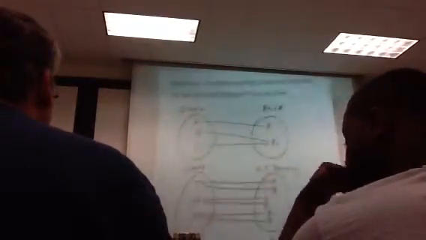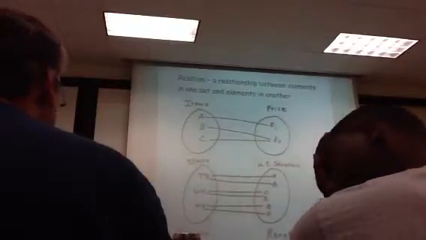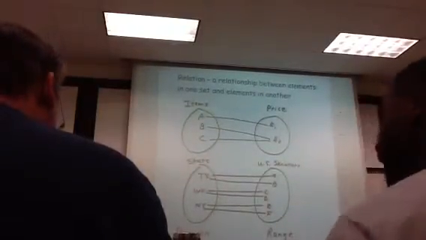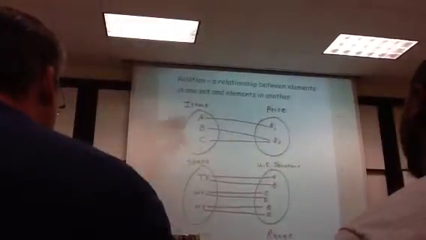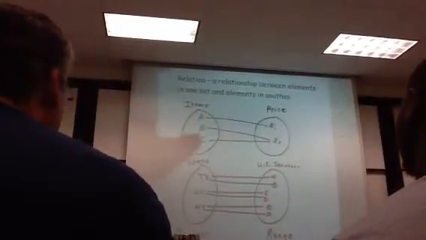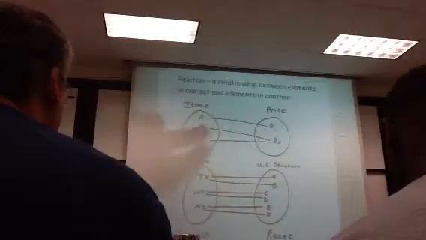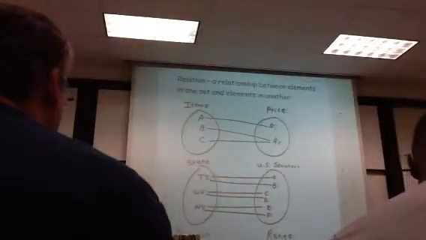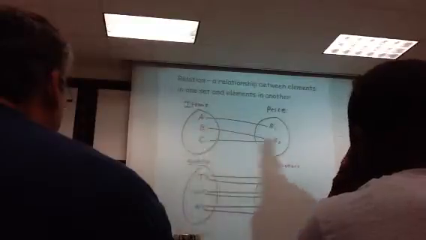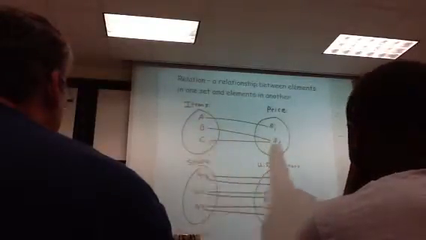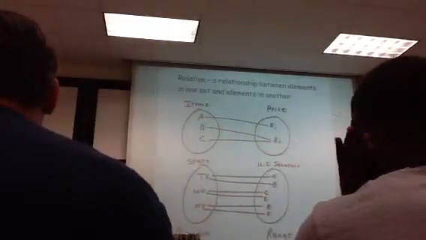So let's look at these first two relations and see if either one of them is a function. Question: is every item mapped to a price, a single price? Yeah. A is just mapped to one thing, right? B is just mapped to one thing. C is just mapped to one thing. And that makes perfect sense.